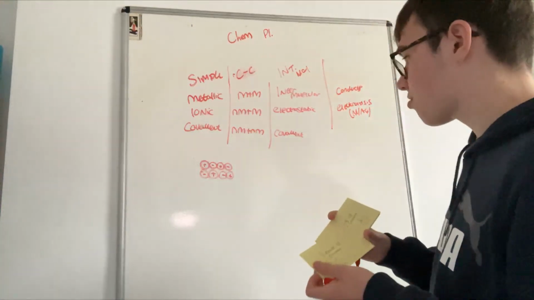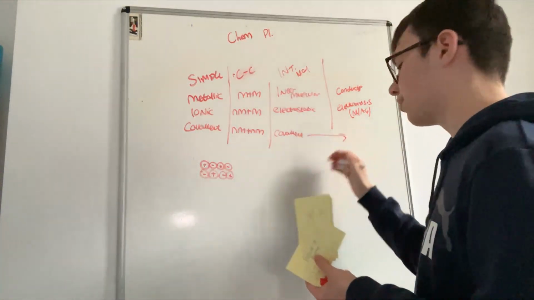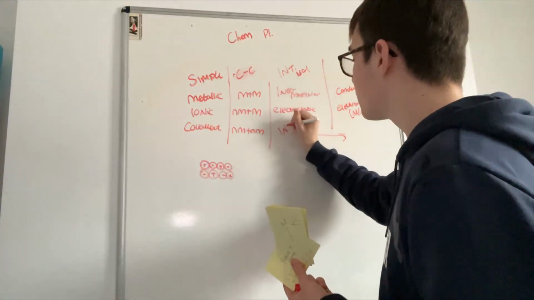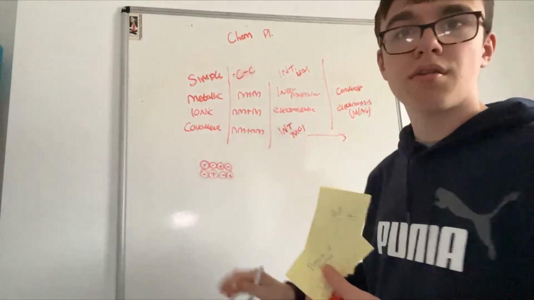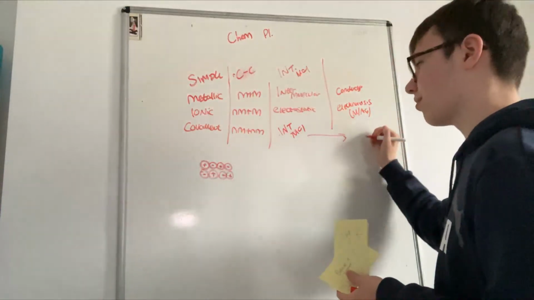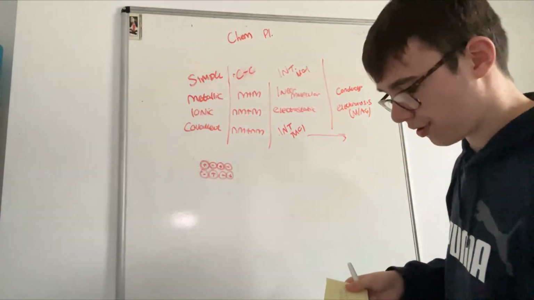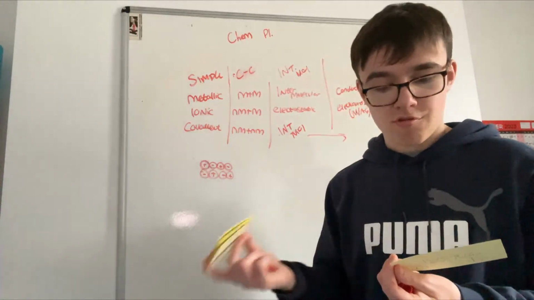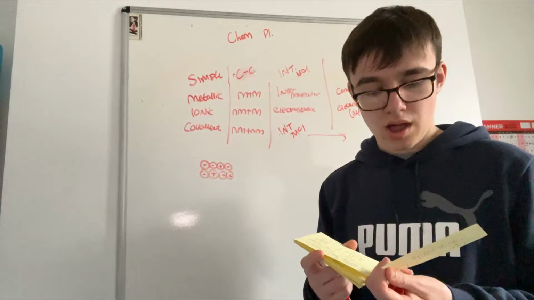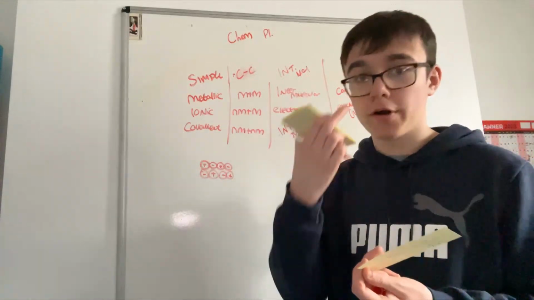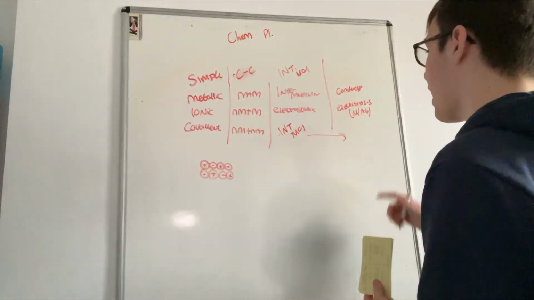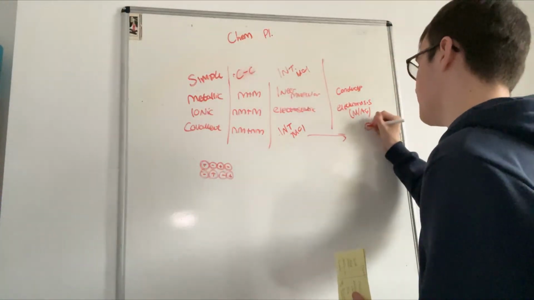It's actually a subsection of covalent bonds. Giant covalent has strong covalent bonds, a high melting and boiling point, and can conduct electricity only if there are leftover electrons.